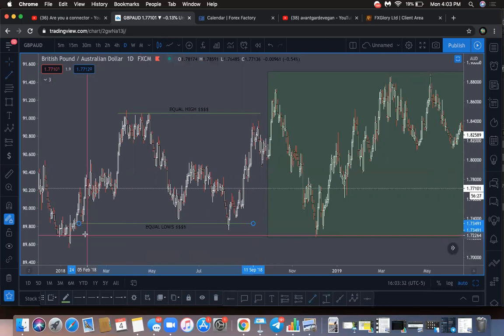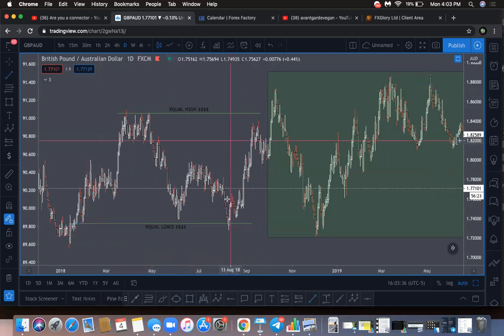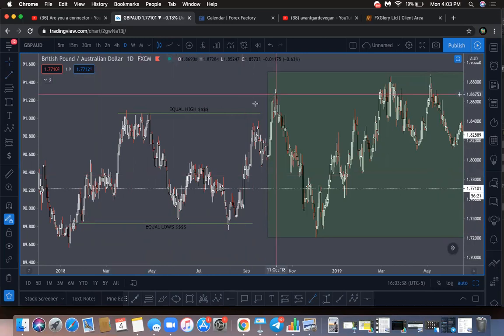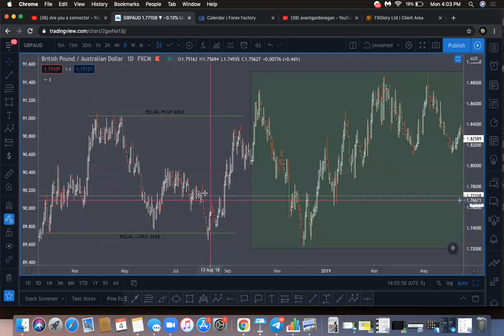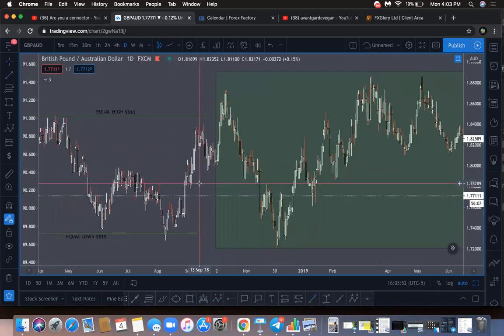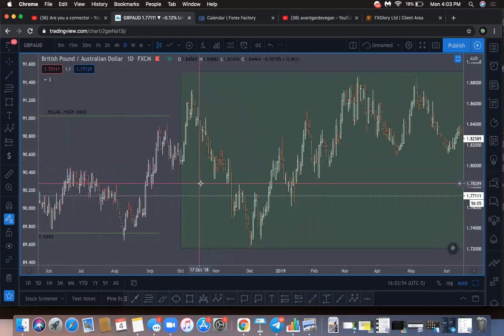Equal lows, equal high point. And as you can see, the market will clear that range. So when they run the high of a range, they're coming to run the low of a range. That's what sets the cycle to go either in an uptrend or downtrend.